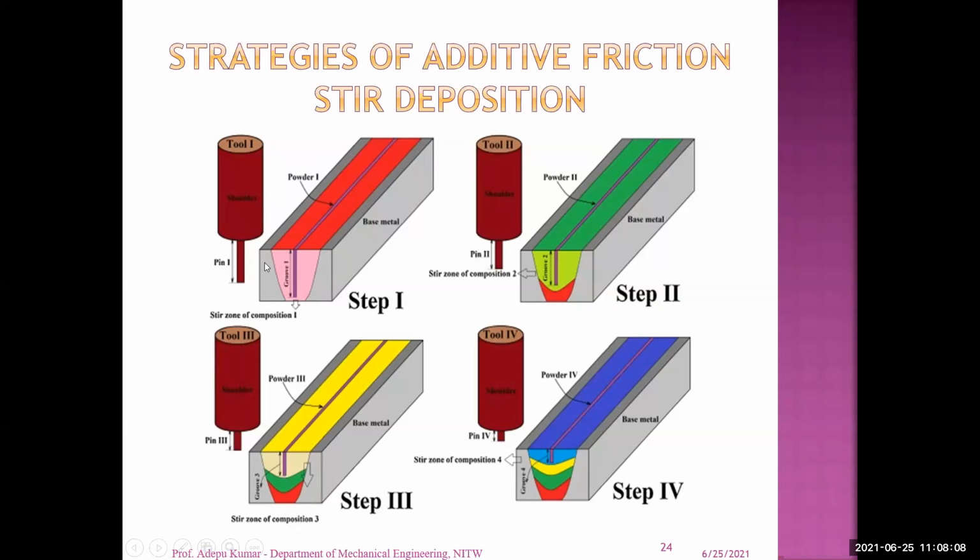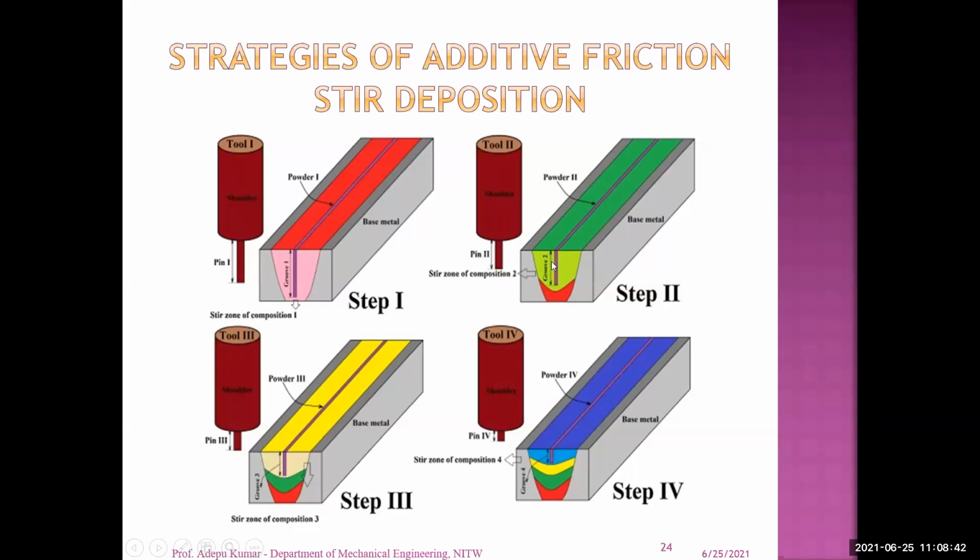Then we take the tool, which consists of a shoulder as well as a pin. The length of the pin is slightly lower than the thickness of the groove. Once you have filled the reinforcement particles into the groove, you do the process. Once the process is completed, you get the red color, your matrix and reinforcement.